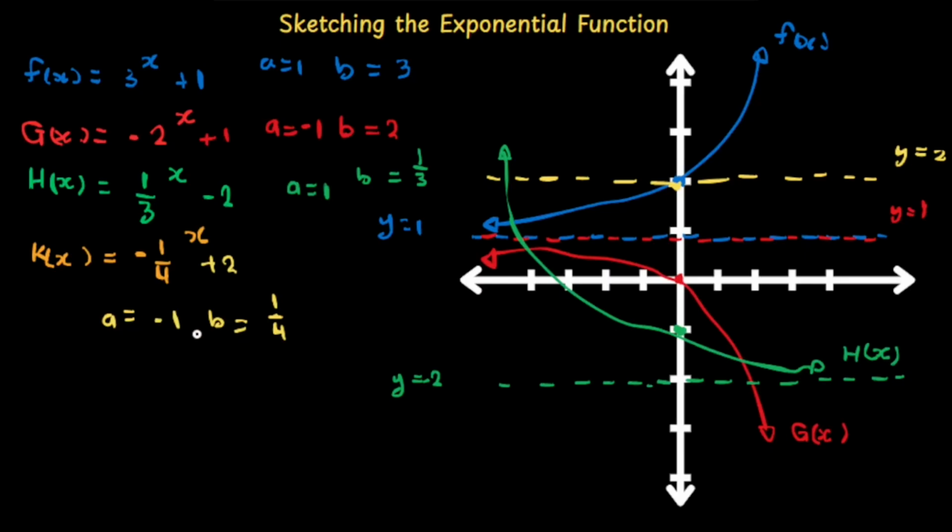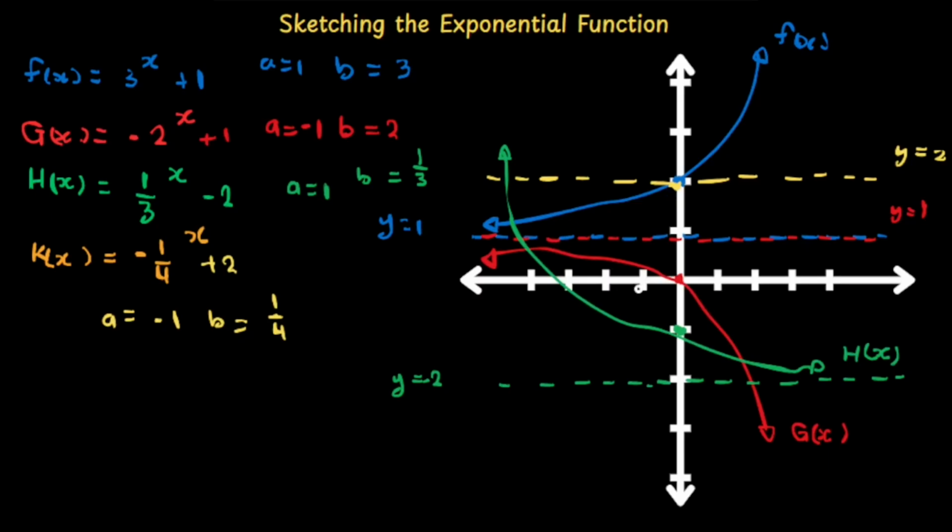Now, applying both of these attributes together, this function is going to lie beneath this horizontal asymptote, and it would be increasing in nature, meaning it would start away from the horizontal asymptote and progress closer and closer to it as you progress in x values.